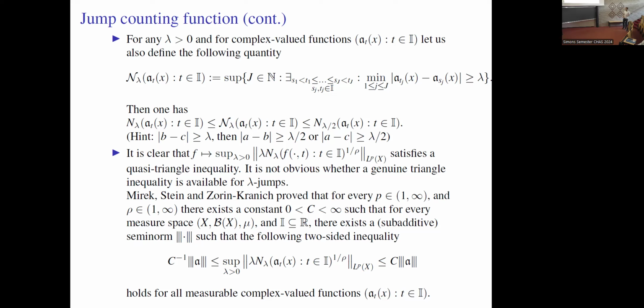What is a bit annoying here is that we know that when looking at this lambda jumps semi-norm as a function of f, this semi-norm has a quasi triangle inequality.